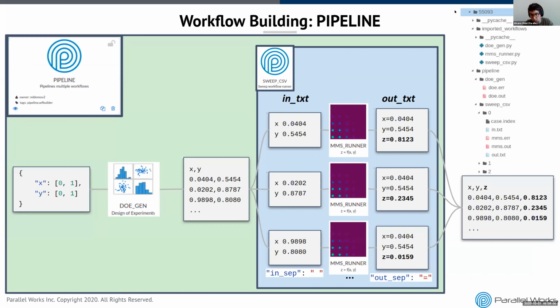And you can see also again a sample job directory where this workflow ran. You can see there is a pipeline directory, and inside the pipeline directory you have the design of experiments directory and the Swift CSV directory, and again inside the Swift CSV directory you have the 0, 1, 2, and so on directories that correspond to each of the MMS runner executions.